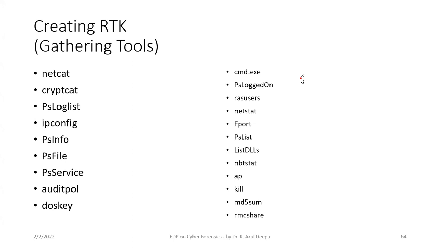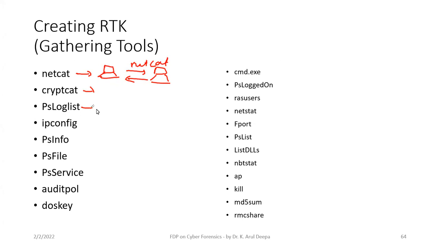Netcat is used to create a communication channel between two different systems. Whereas CryptCat is used to create a communication channel in an encrypted, secured manner.